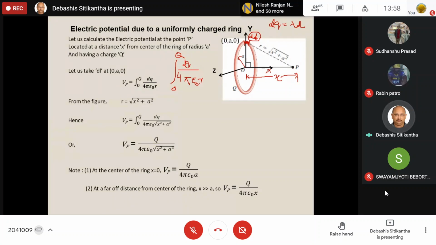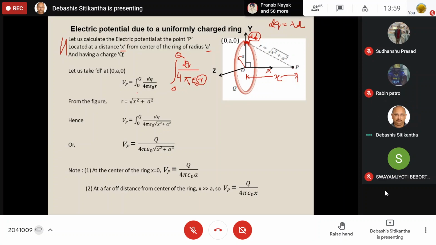Now here r needs to be expressed differently. How? Because in this problem only two things are given. One is the distance from the center, the other one is the radius. That means I have to express this r in terms of x and a. So obviously r can be expressed by Pythagoras theorem: r is equal to the square root of x square plus a square.